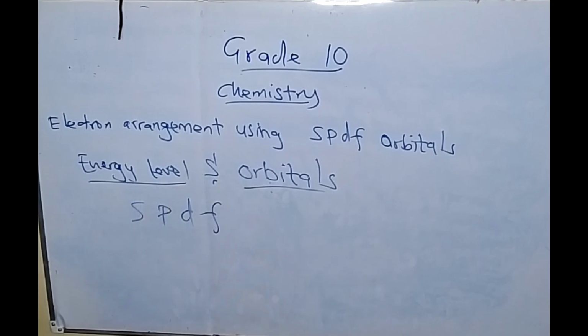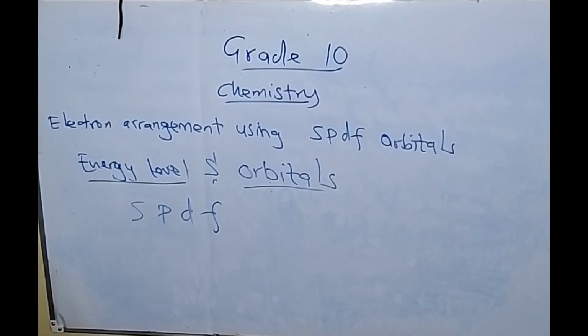The energy levels are further subdivided into sub-levels, and those sub-levels are where you are likely to find the orbitals. The number of sub-levels in an energy level is equivalent to the principal energy level number, which is denoted by the letter n.